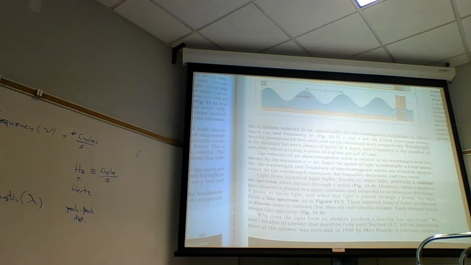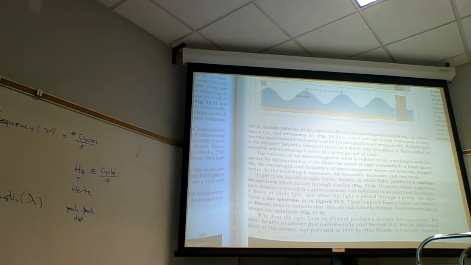And so in other words, if the wavelength goes up, then the frequency must go down. It's an inverse relationship, etc. So we can do calculations solving for one or the other.